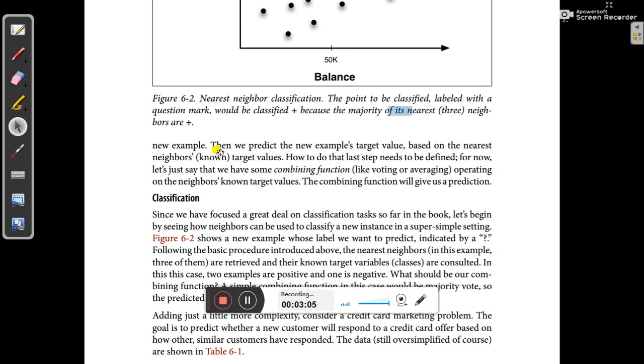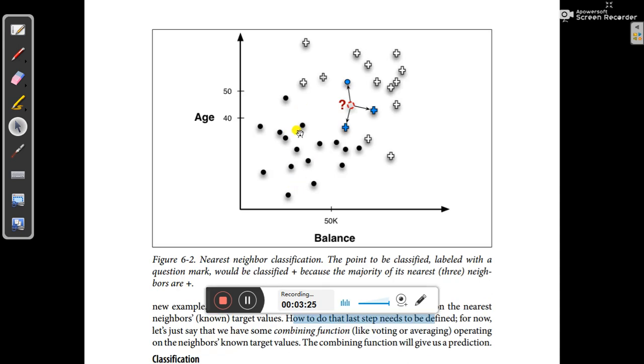Here also the same thing: we predict a new example's target value based on the nearest neighbors' target values, but the last step needs to be defined. For now, let's just say we have some combining functions like voting or averaging operating on the neighbors' known target values. These are known target values.